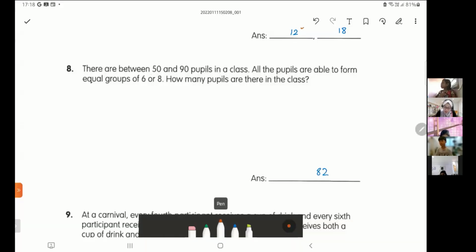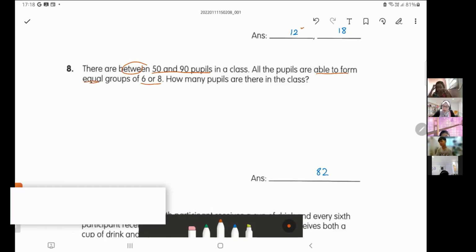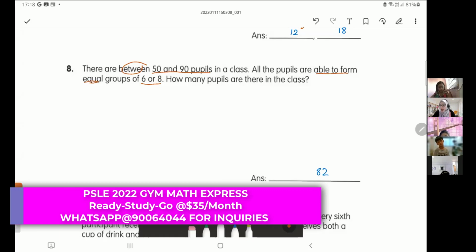There are between 50 and 90 pupils in a class. All the pupils are able to form equal groups of 6 or 8. How many pupils are there in a class?